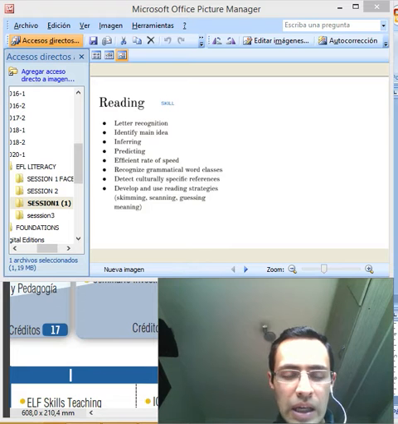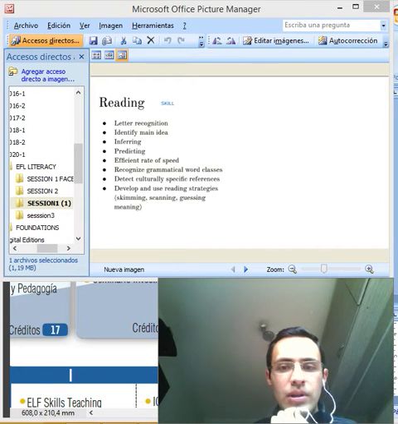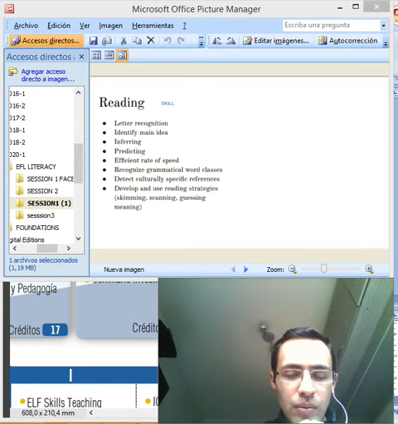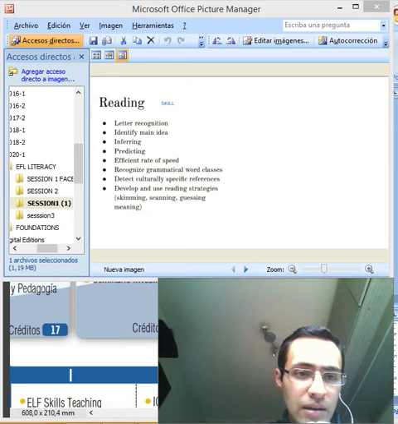Well, those skills. We also checked whether the meaning of literacy is only about reading or writing, but we know that it is more than that. We have some sub-skills that we can find in reading, like letter recognition, identifying the main idea, inferring, predicting.